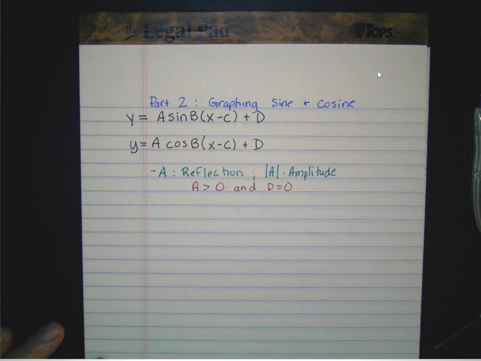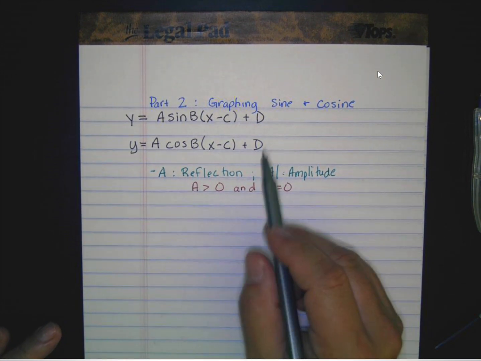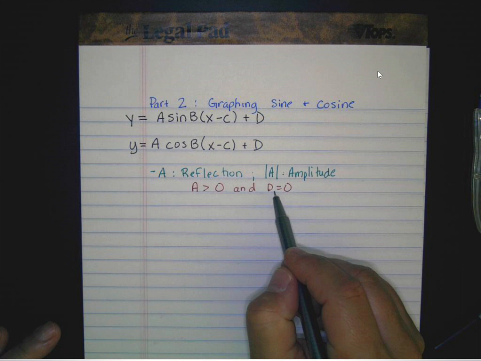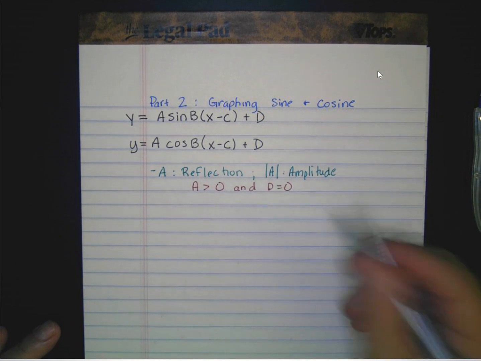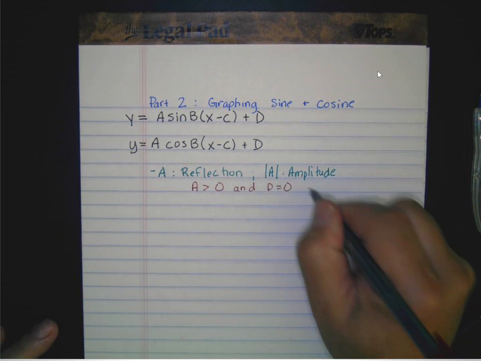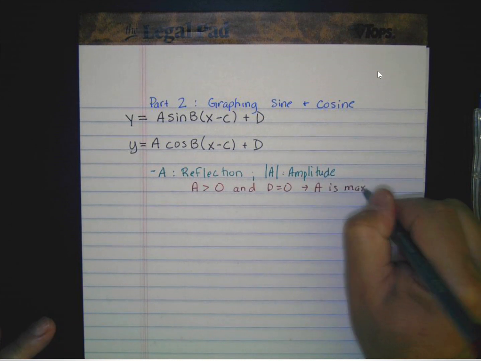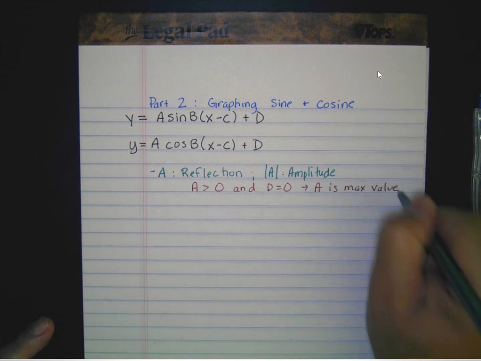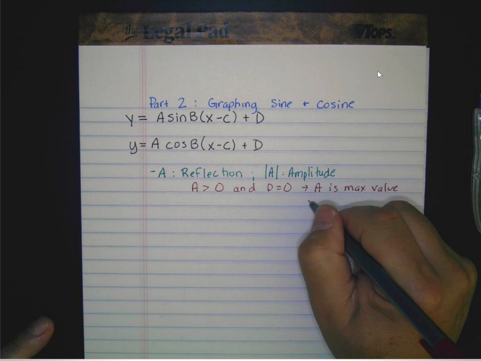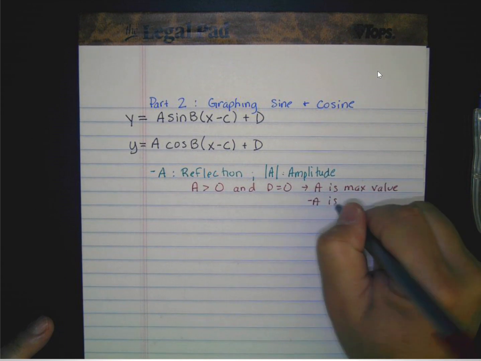D is like our x-axis. That's the shift up and down. If A is greater than 0 and D is 0, in other words there's nothing there, then A is going to be my max value. And the opposite of that, or negative A, will be my min value.